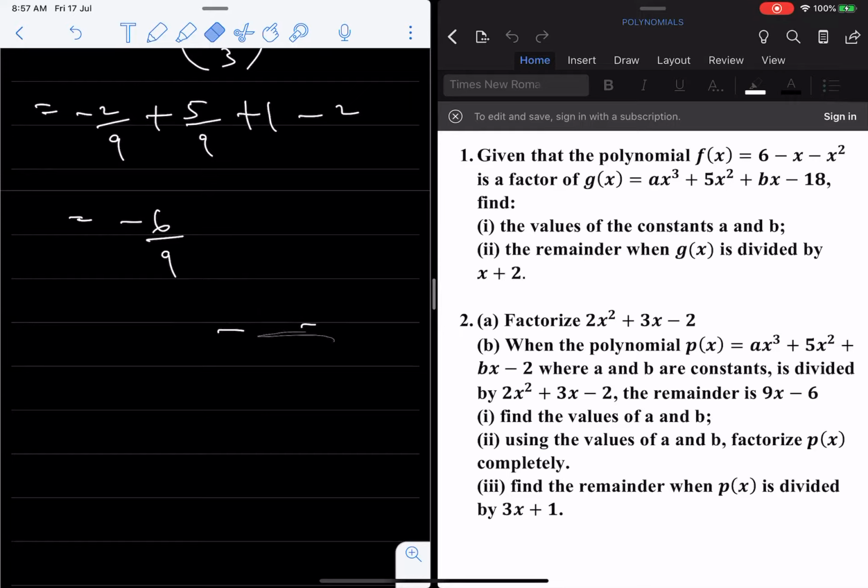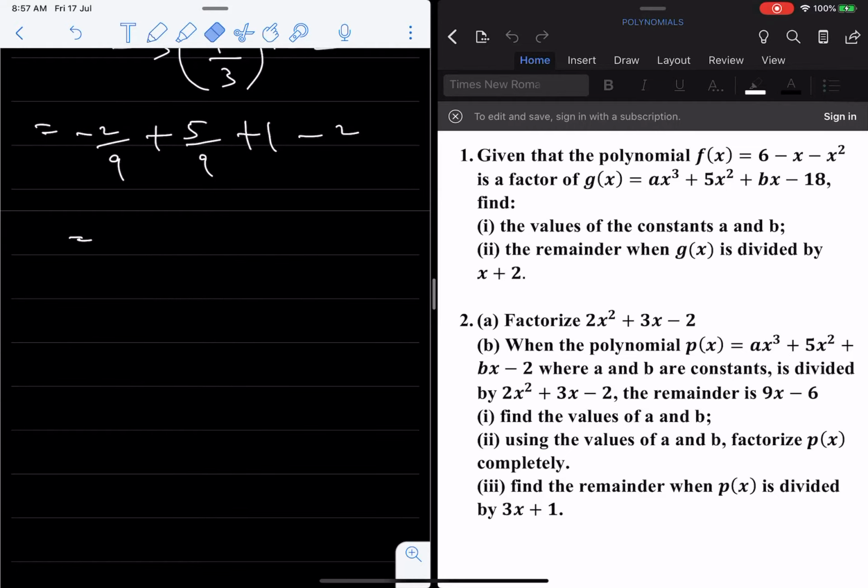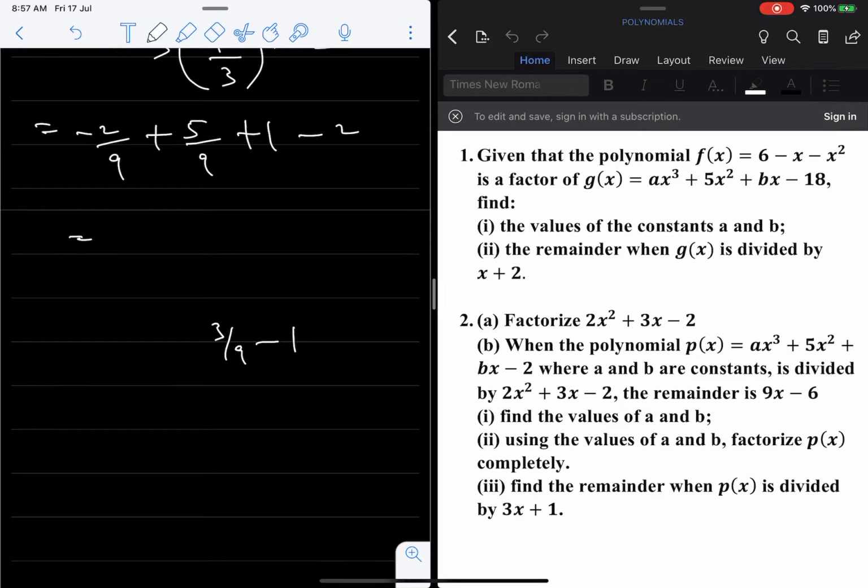No, we have to be sure of what we're doing. Minus 2 over 9 plus 5 over 9 is 3 over 9. 1 minus 2 is minus 1. So we're doing 3 over 9 minus 1. Oh no, the addition before subtraction.